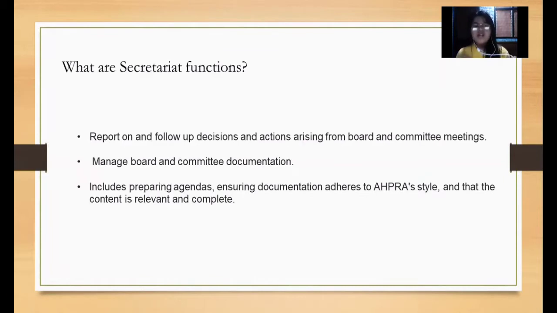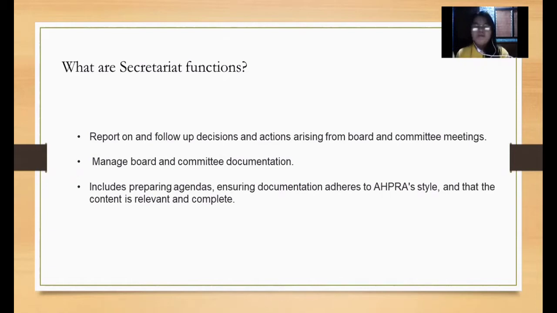So what are the Secretariat functions? Report on and follow up decisions and actions arising from board and committee meetings, manage board and committee documentation, which includes preparing agendas, ensuring documentation adheres to HAPRA style, and that the content is relevant and complete.